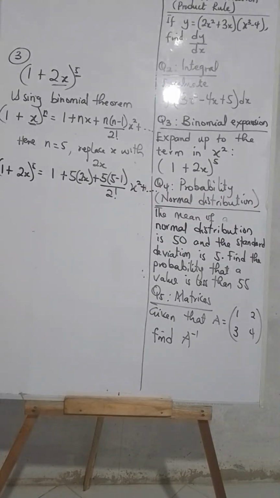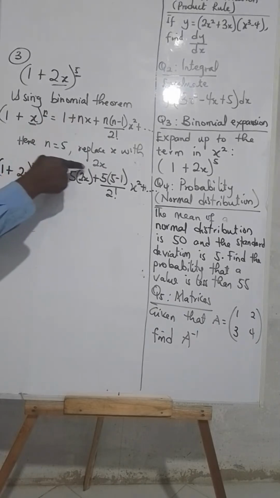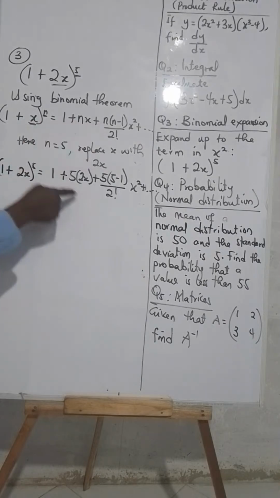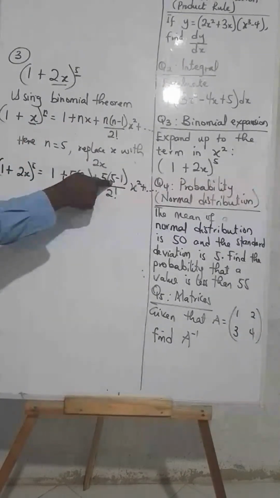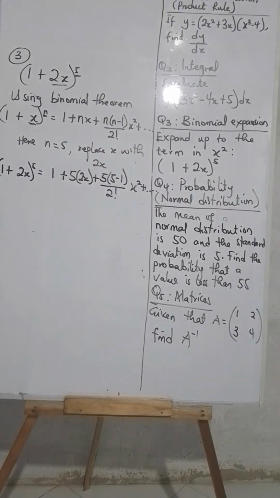Right. So since n is 5, we have 1 plus 5, then the x we replace with 2x here. Then n is 5, 5 minus 1 on 2 factorial, then the x squared.